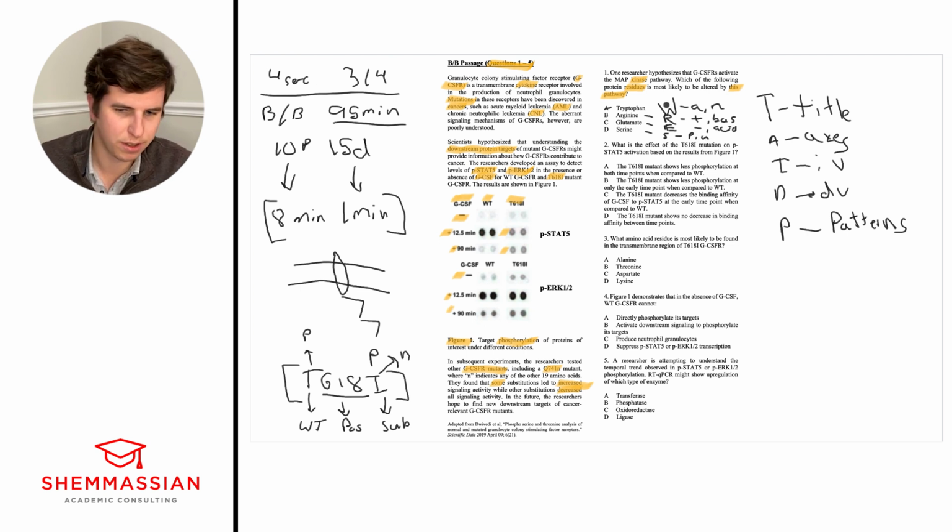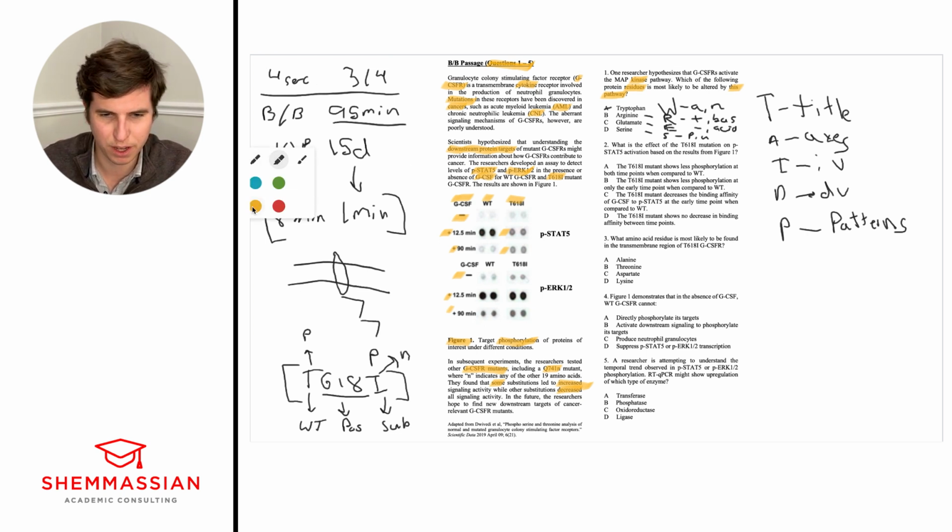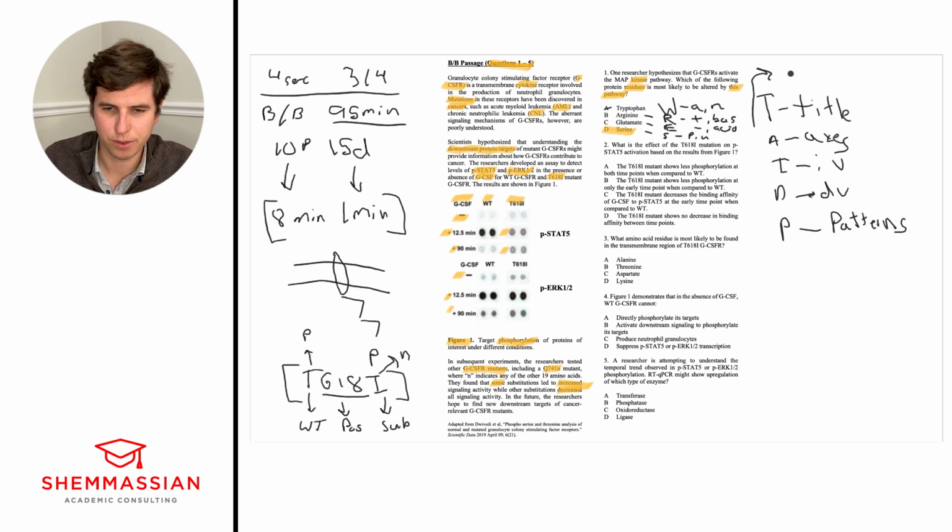Which of these can be phosphorylated? Only serine. What are our other amino acids that can also be phosphorylated? There's only 3 of them in eukaryotes. I'm going to actually write it over here. The 3 that can be phosphorylated are serine, threonine, and finally tyrosine.